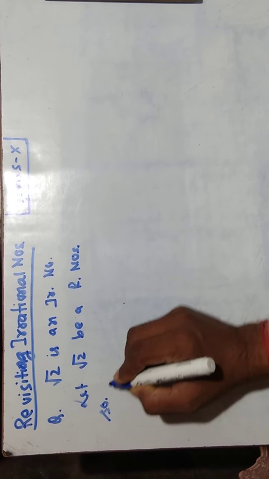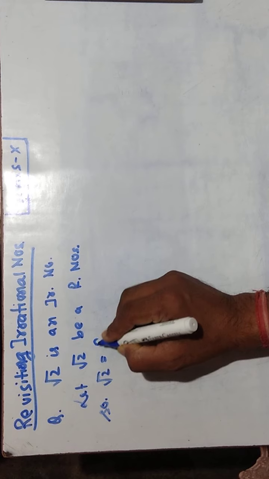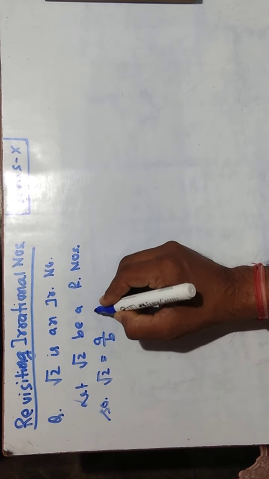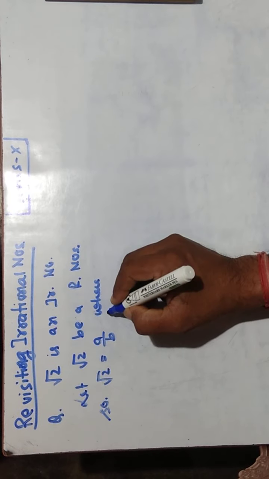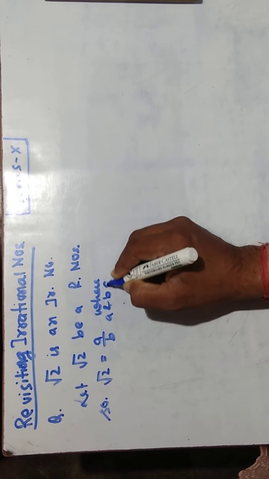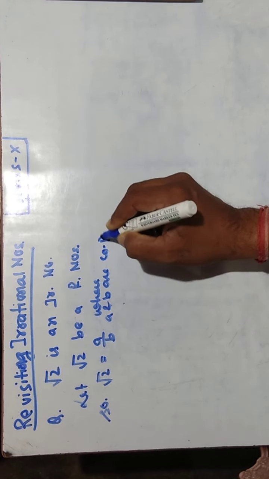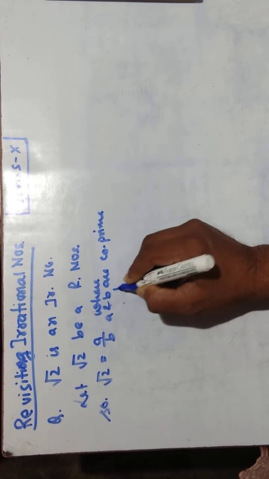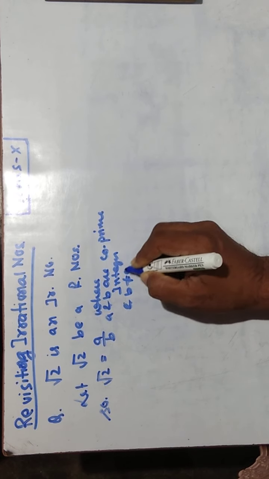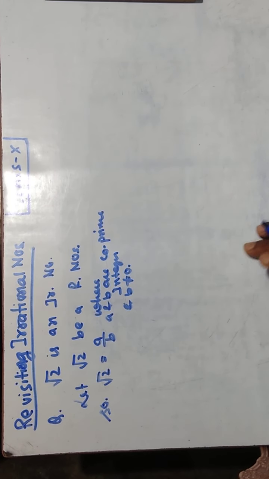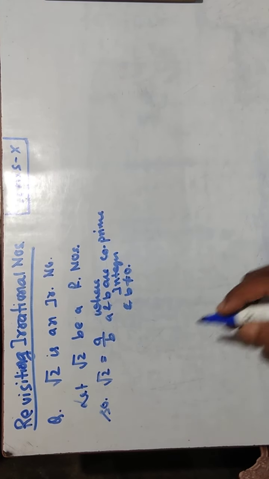So we can write root 2 equals a by b, where a and b are co-prime integers and b is not equal to 0.